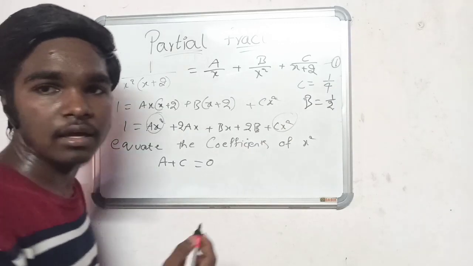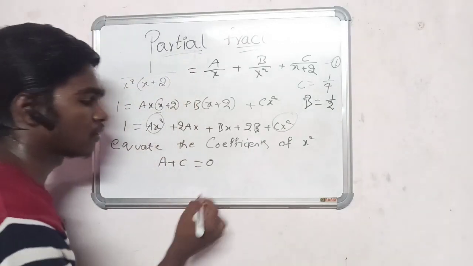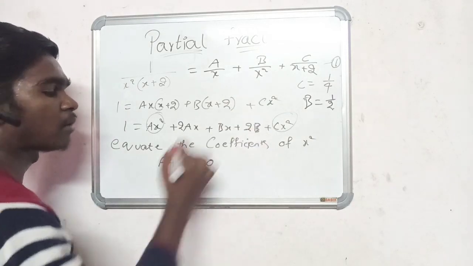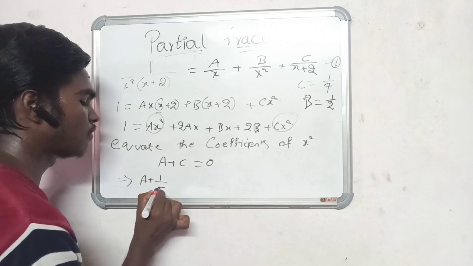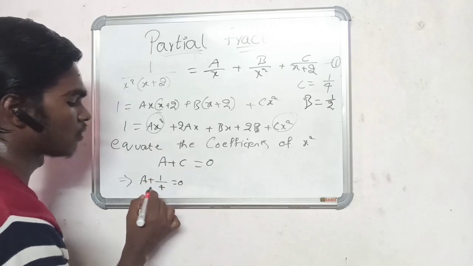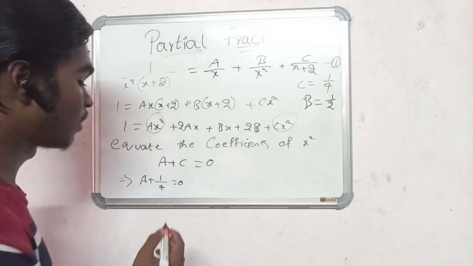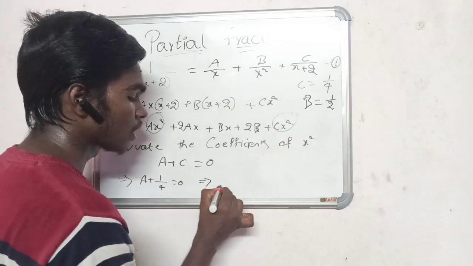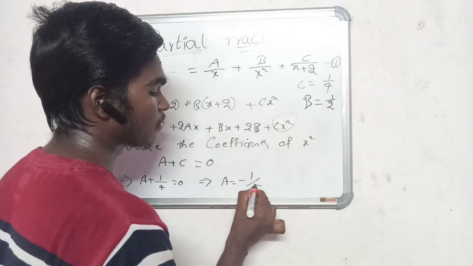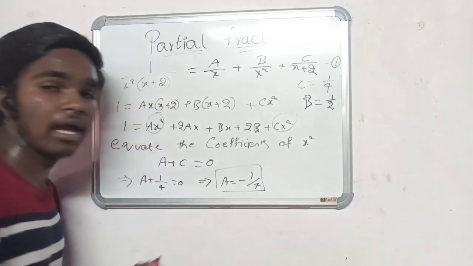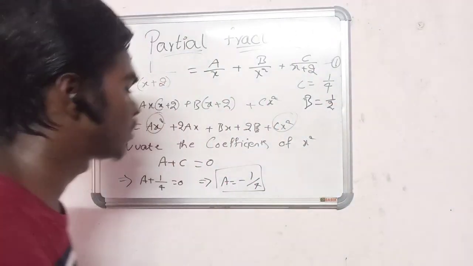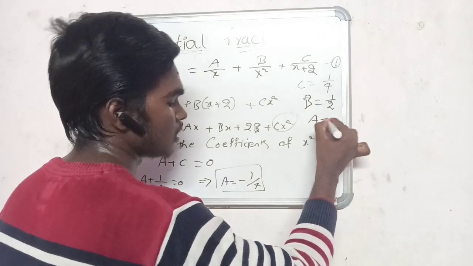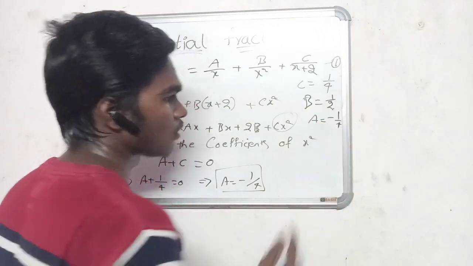What is the value of c? Yes, value of c is 1 by 4. Then we will get a plus 1 by 4 is equal to 0. Now transferring the 1 by 4 value to that side, we will get the a value. Then a is equal to minus 1 by 4. This is the value of a and we got the value of a. Keep this in another box and carry out the a value for next steps. A is equal to minus 1 by 4.